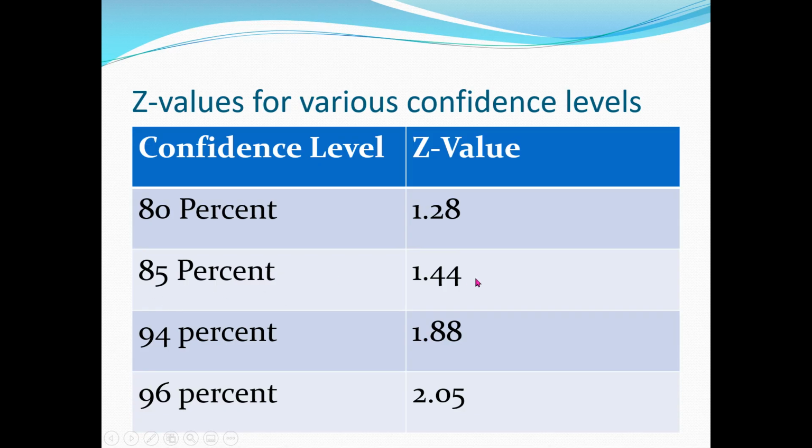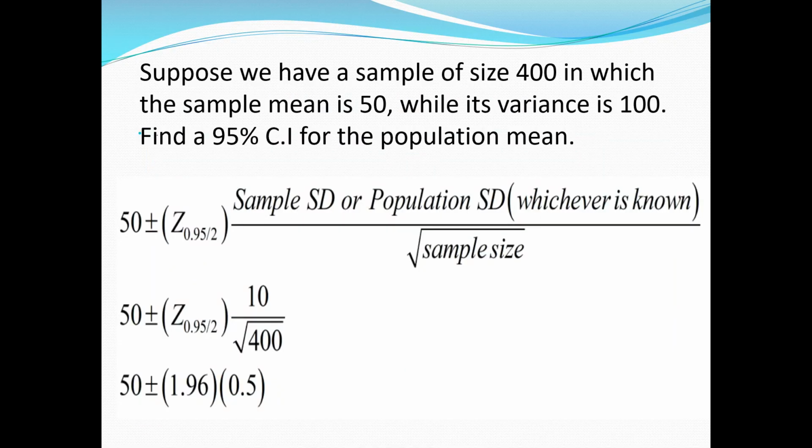For 85% the z value is 1.44, and so on. Shortly you will also get to know how we can compute these z values directly from the z table. Since these are the generally used confidence levels, I am also reporting the z values, but no need to memorize. You will shortly learn the method as well.